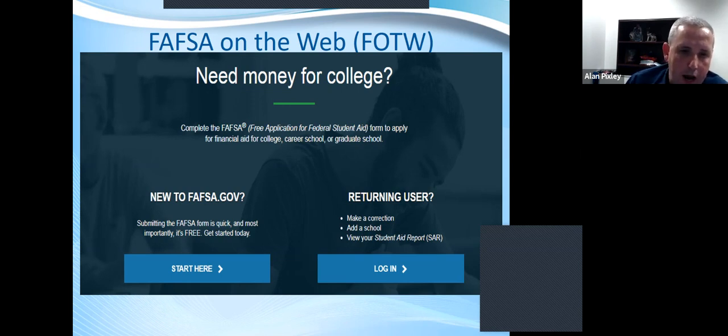It's also a way that you could view your student aid report, which is a report that you get back after you complete the Free Application for Federal Student Aid. And you can also copy your application over to an additional year. So once you complete your 21-22 FAFSA, when it comes time to do the 22-23, you could go in and copy that application forward and then just update the items that are required to be updated.